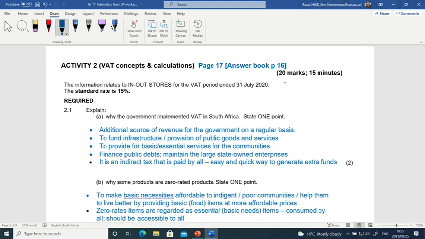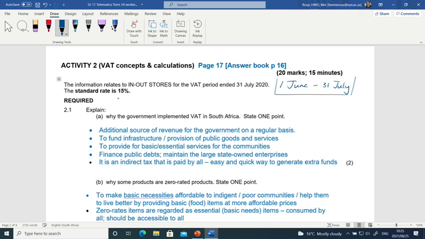That means the VAT period started on the 1st of June, because we always work in 2-month periods. There are exceptions where VAT must be paid over and recorded every month or every 6 months or only once a year, but the standard one is every 2 months.